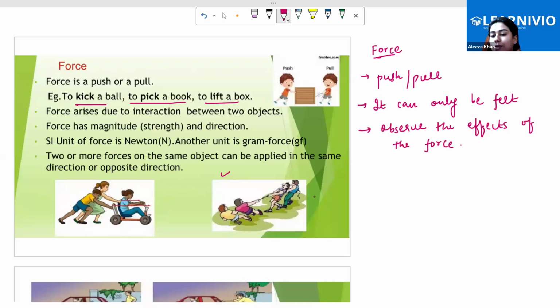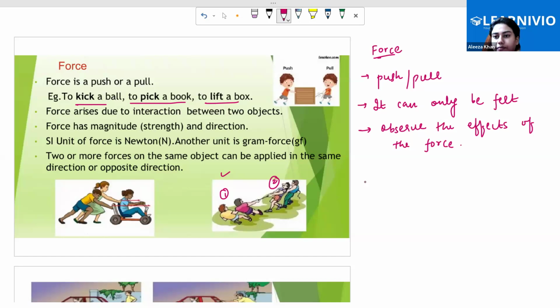Yes, it will be equal at both sides. Let's say the people on the first side have applied more force. Then they would be able to pull these two people with them because they have applied the greater force.